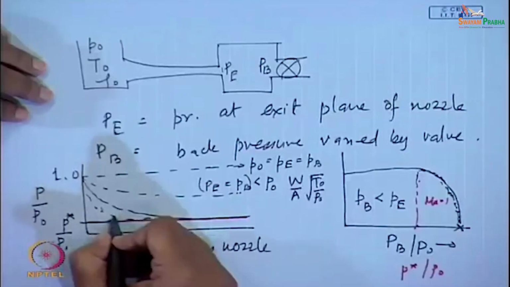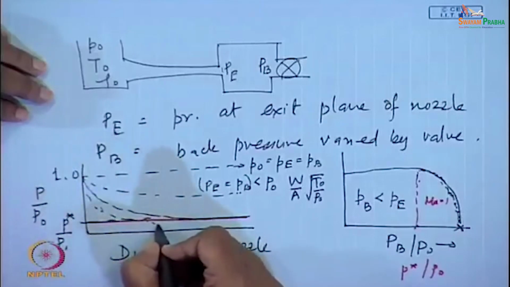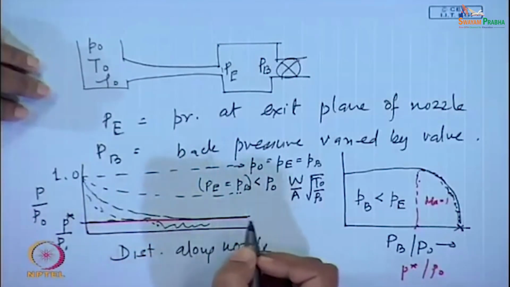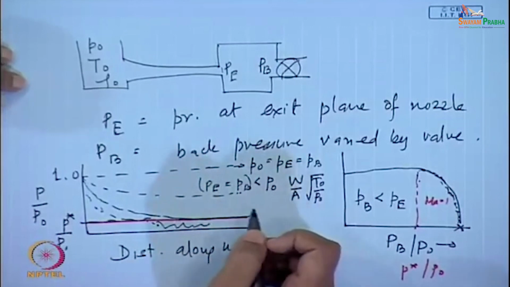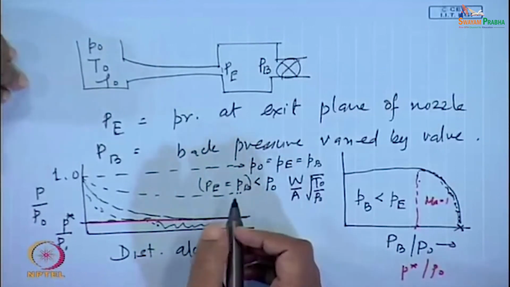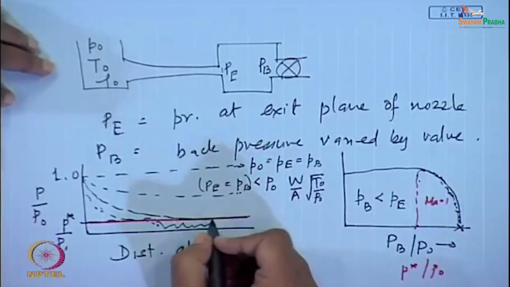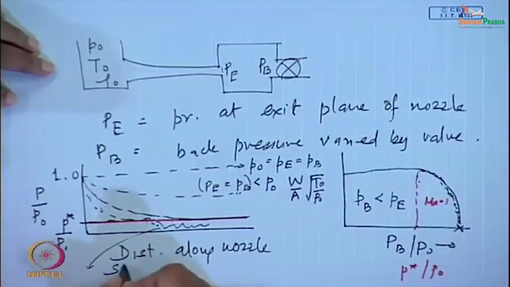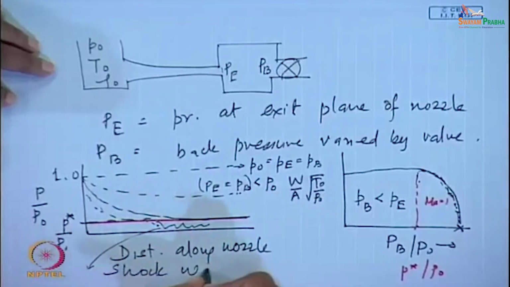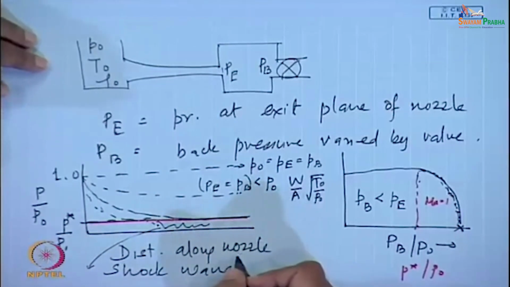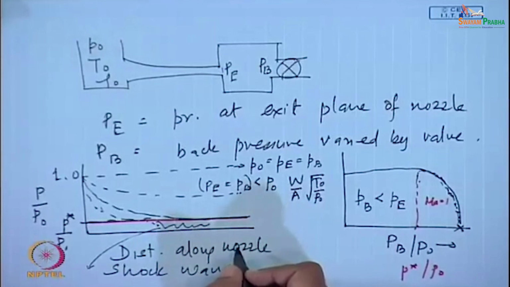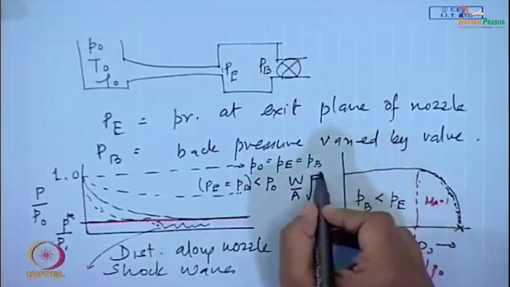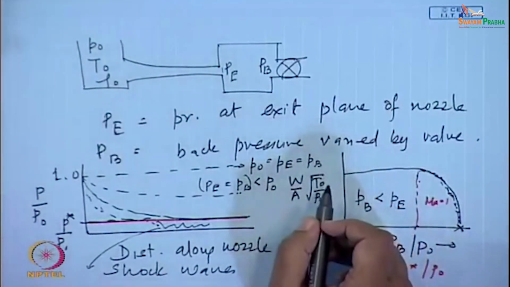So, therefore, if we reduce the pressure below this, then we find that under this particular condition we have sort of pressure waves or shock waves. Yeah, these are known as the shock waves. Shock waves generate and we cannot reduce the pressure any further, and here also the flow rate becomes constant.